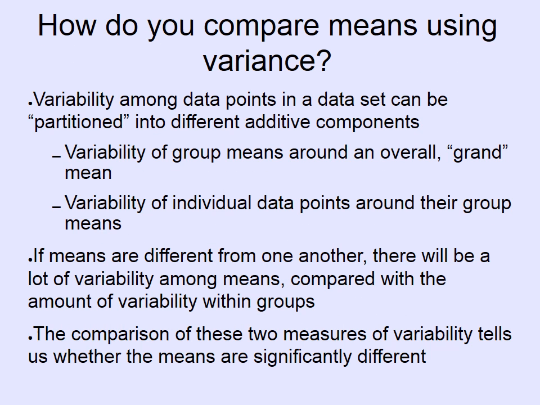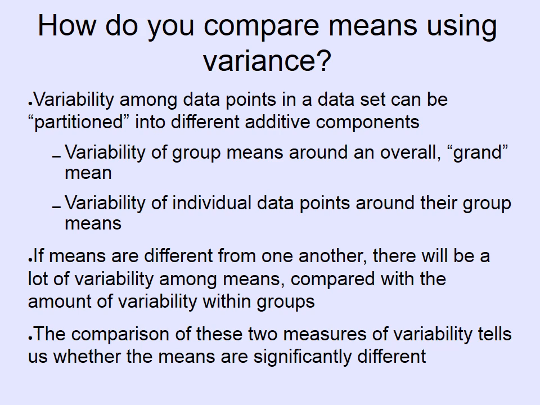So how do you compare means when you're talking about variance? Well, here's what we're going to do. We're going to look at variance in groups. So we have variability of group means around an overall grand mean. I like to call it le grand mean. What's a grand mean? That's taking all the data, no matter what group, and putting it all together and calculating an arithmetic mean.